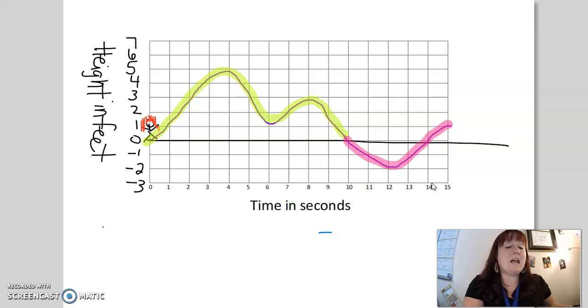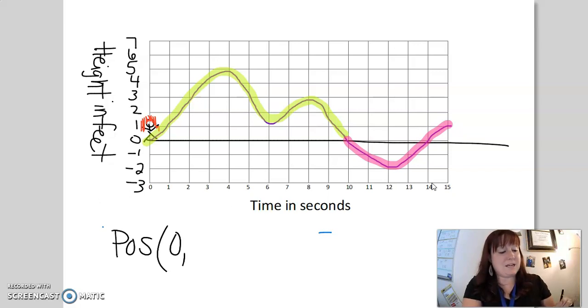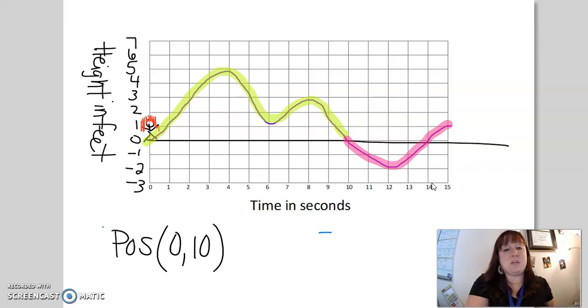So at what time was I above the ground? What time on the video was I above the ground? Well, that interval would be, oh, wrong pen. Okay. Positive. What time did I start being above the ground in my video? At 0 seconds, I was above ground, right? And then at 10 seconds is where I ended being above the ground.